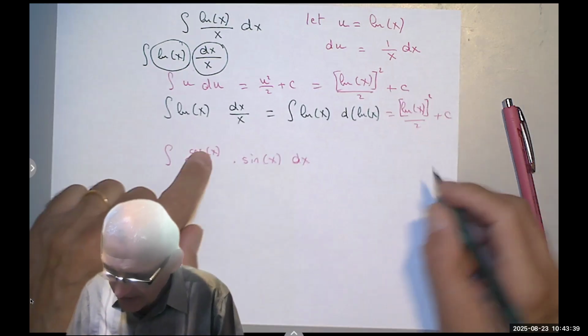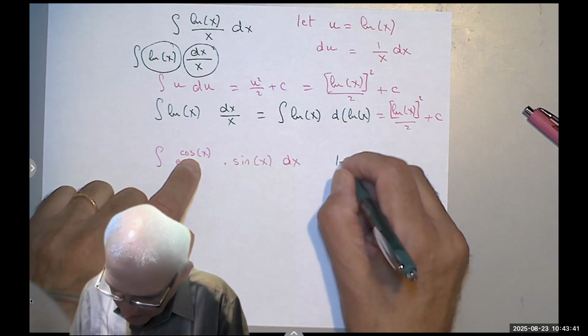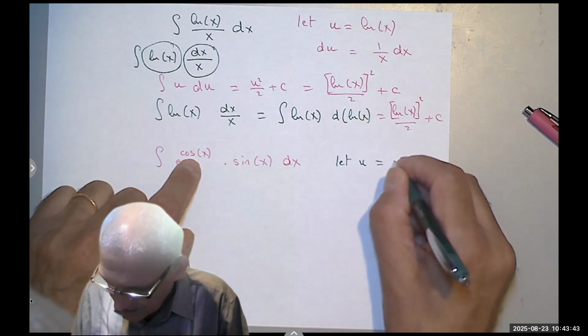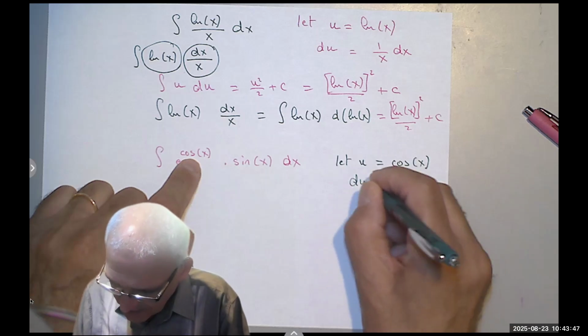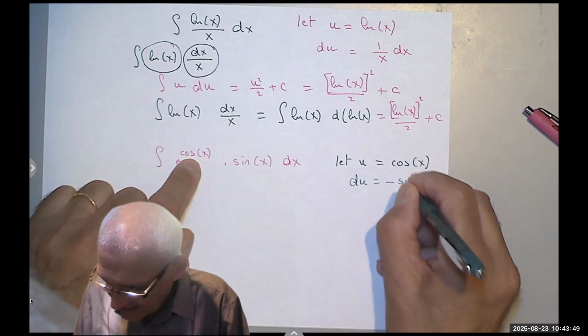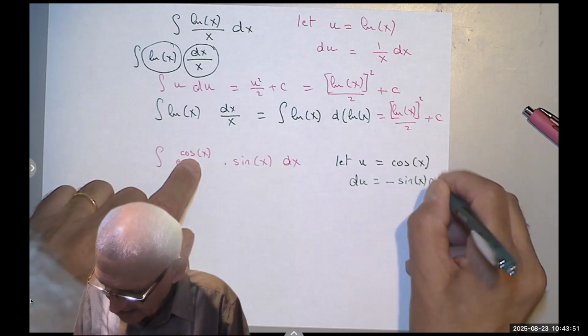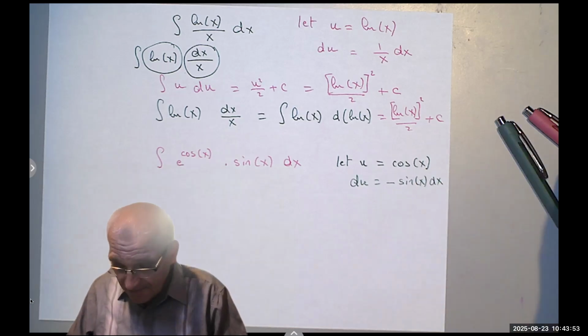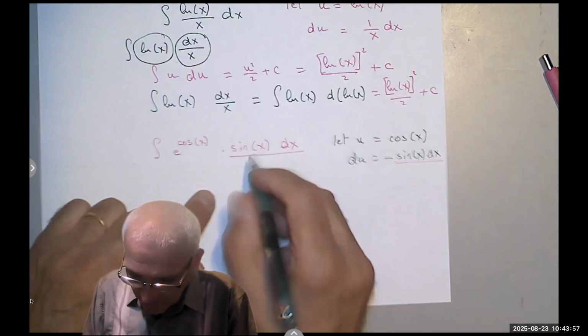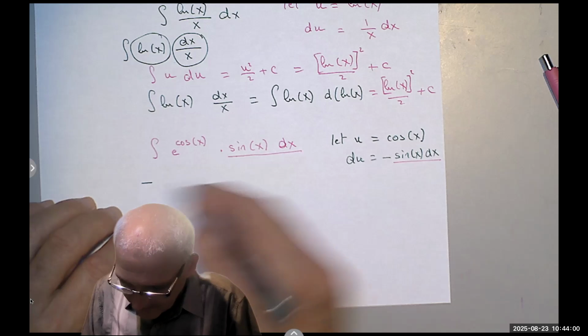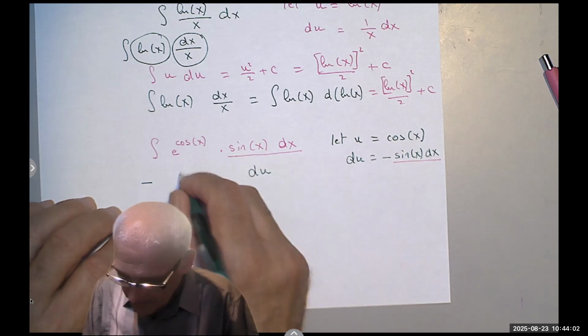So if that's causing the trouble, I would say let u equal cosine x. So du would become negative sine of x dx. Well, I have sine x dx here, so I'm going to substitute that with negative du.